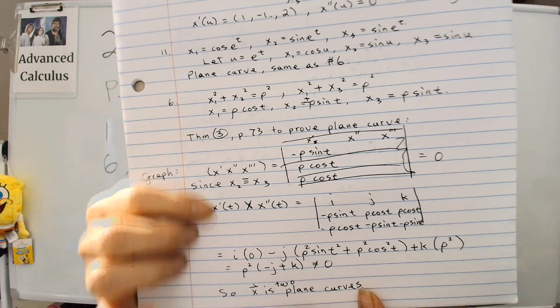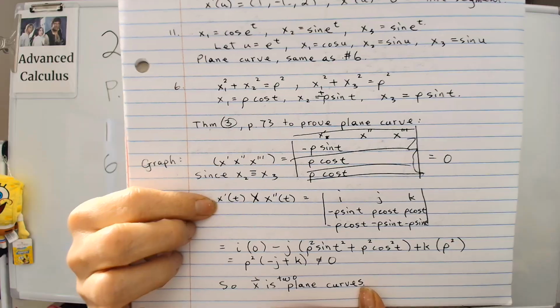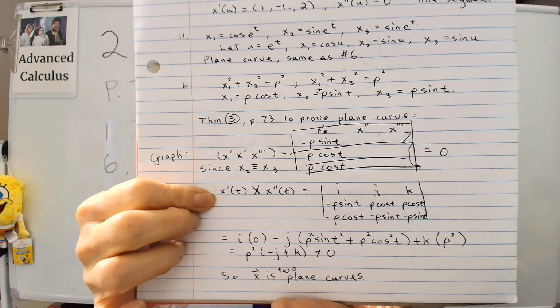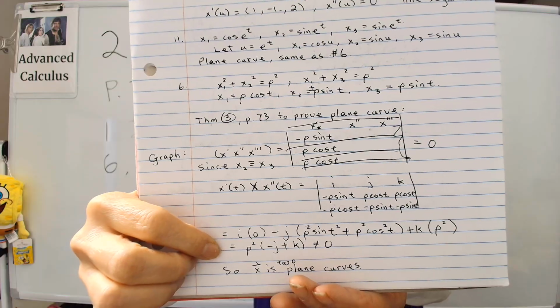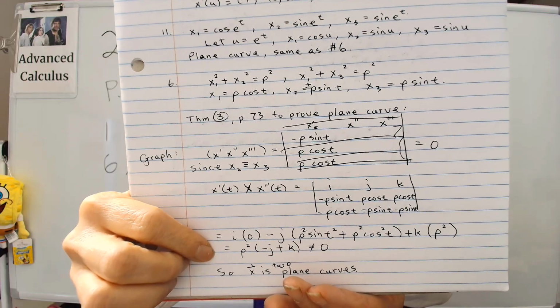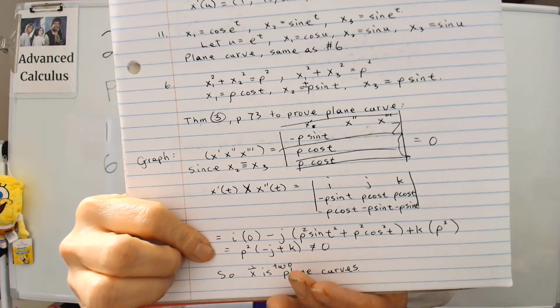So that condition is satisfied. Next, we calculate x prime cross x double prime, and we have to make sure that it is not 0, and it does end up equal to something that isn't 0. This thing cannot be 0 because rho is bigger than 0.